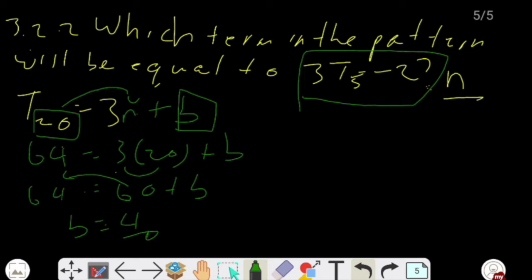We have managed to find our B, meaning we can go back to our equation and say, to this equation and say 3T5 minus 2 equals 3n plus B, right?